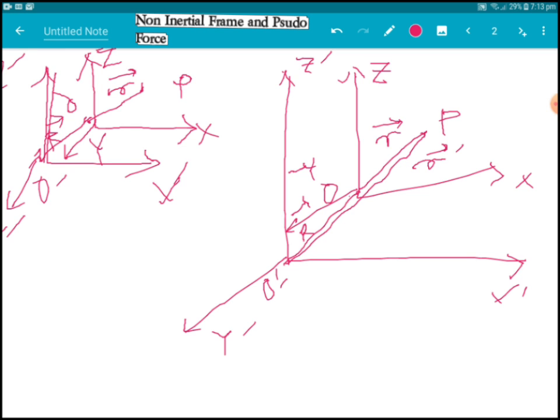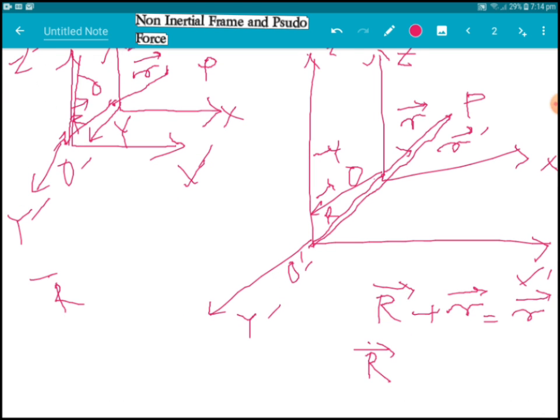Now from the triangle law, R plus r is equal to R dashed. Therefore R dot, the dot sign implies d/dt, R dot plus small r dot is equal to r dash dot.